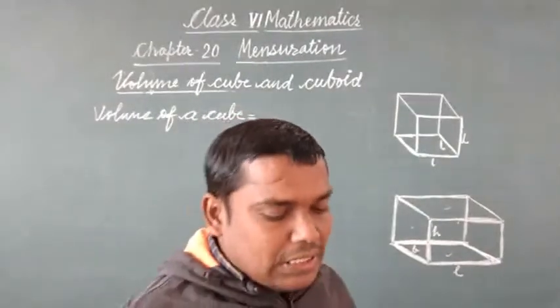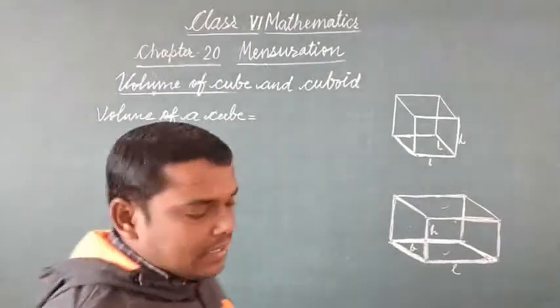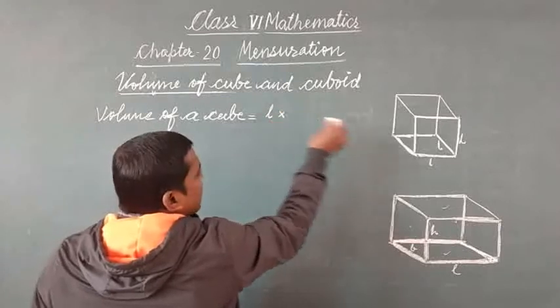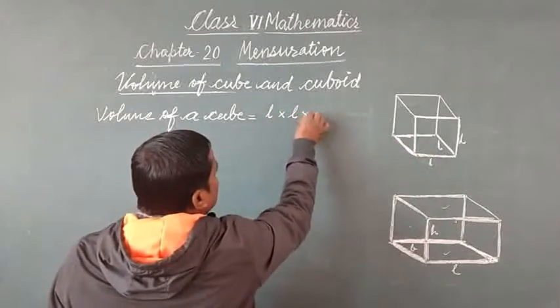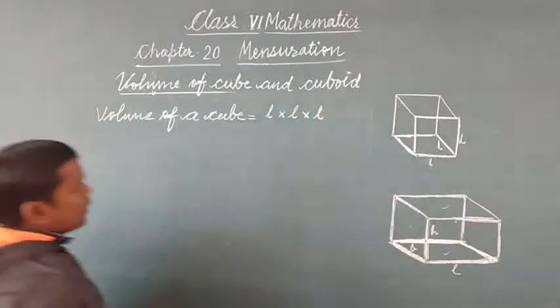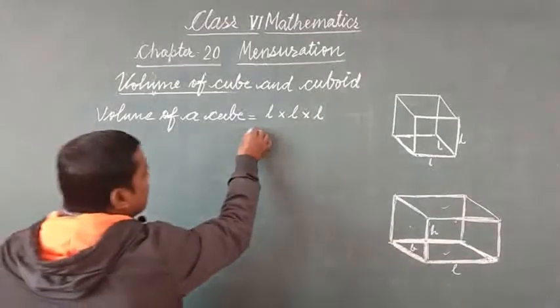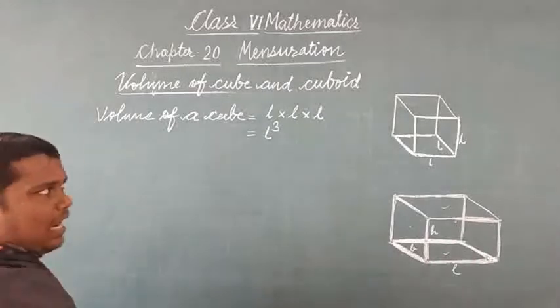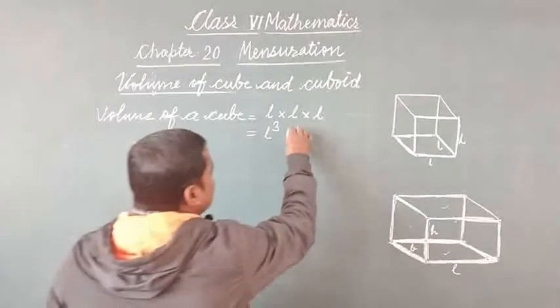Length into breadth into height means length, breadth is also here length, and height is also here length. So volume we can calculate by L cube, and unit we write cubic unit.